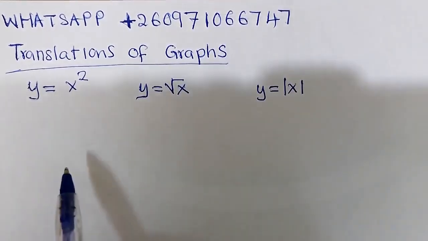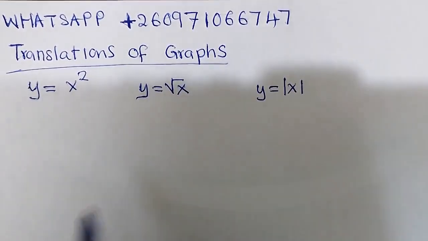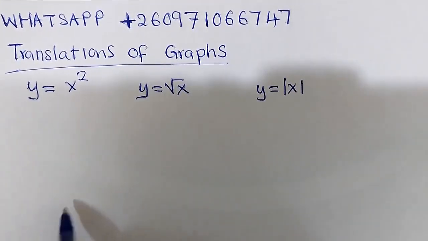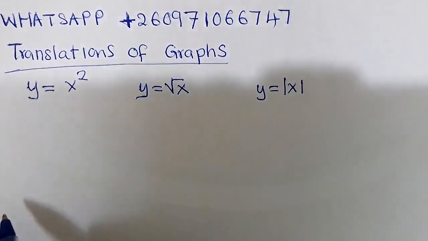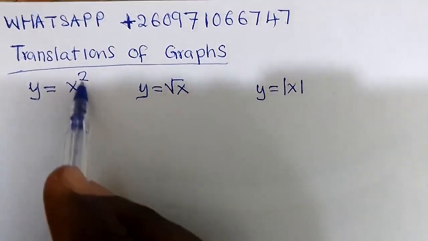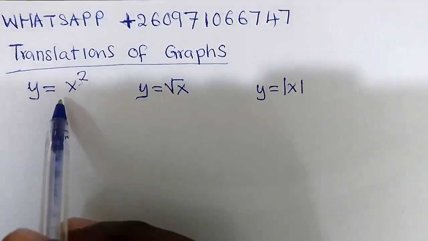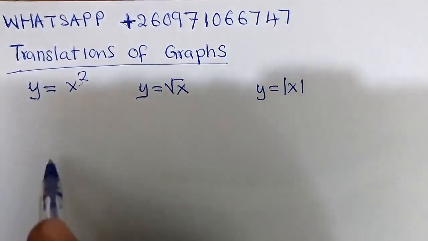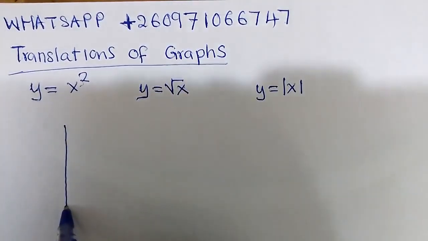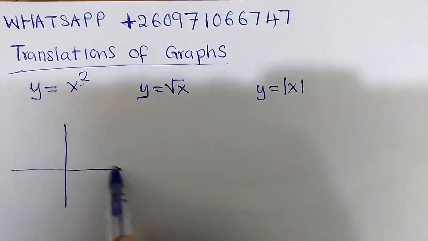Functions, you need to be able to graph these three types. So how can we graph these three types of functions? When you see a function that is in this way, what you need to know is that these are general functions. Just do this.